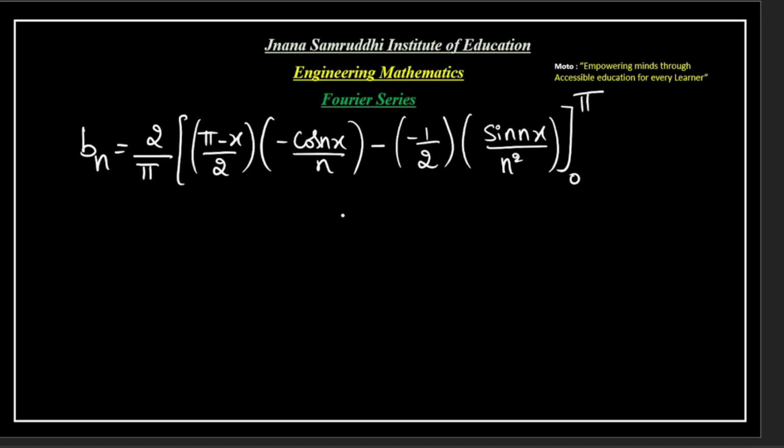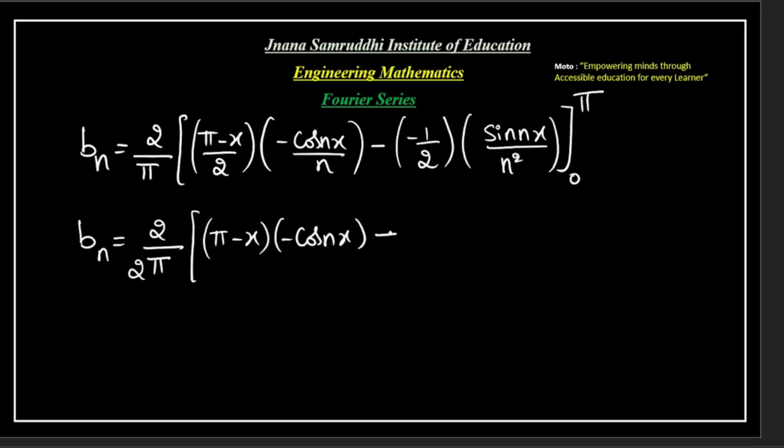Now we need to apply the limit. Bn equals 2 by pi. So here this 2 is there, so we'll take 2 outside. Then remaining will be pi minus x minus cos nx plus sin nx by n square. The limit is 0 to pi.